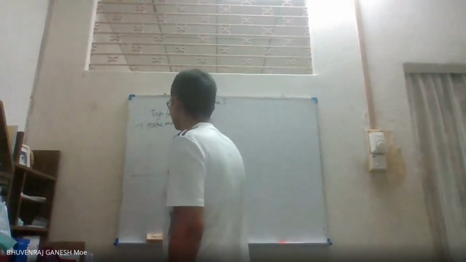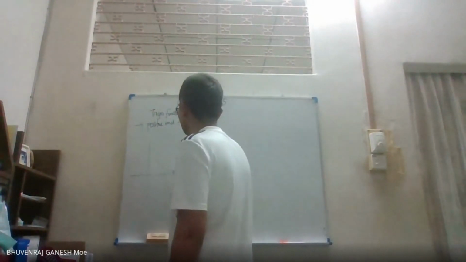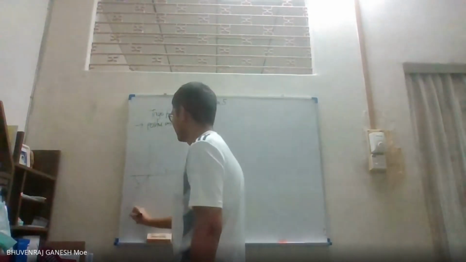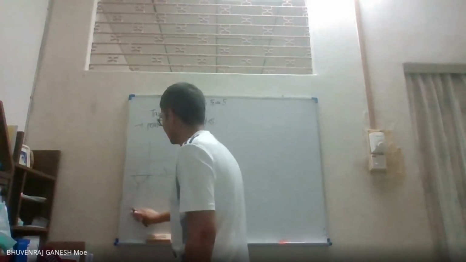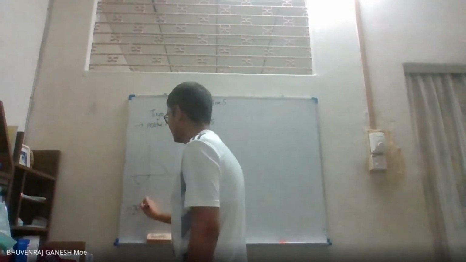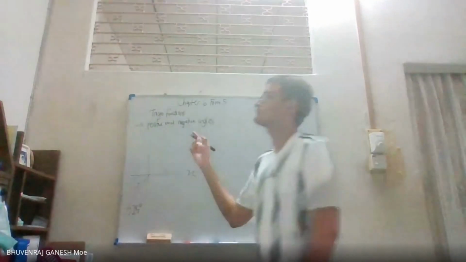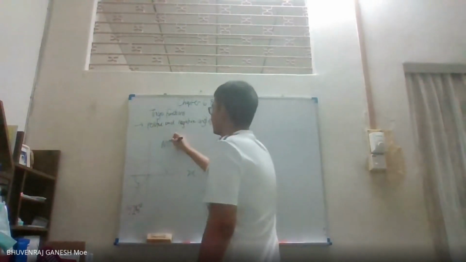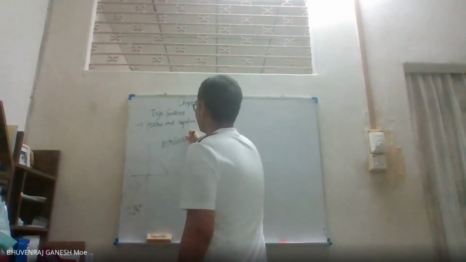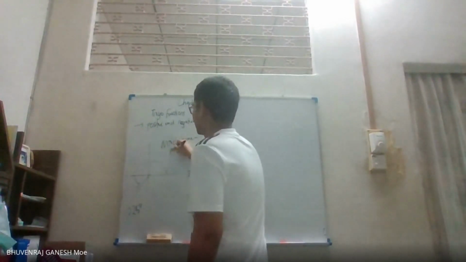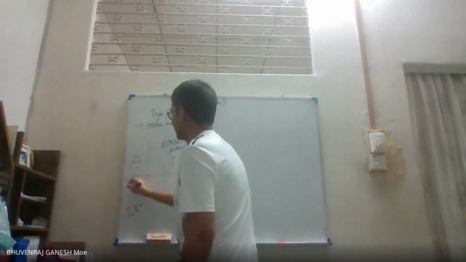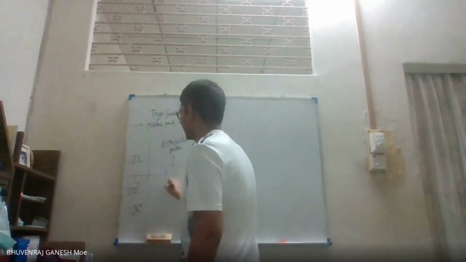So why we say positive angle is from the x-axis, here we turn like this, let's say. This angle I label as 225. So this one is positive because it goes anti-clockwise. Anti-clockwise means positive. We start at the first quadrant. Now remember when we read angles: first quadrant, second quadrant, third quadrant, fourth quadrant.